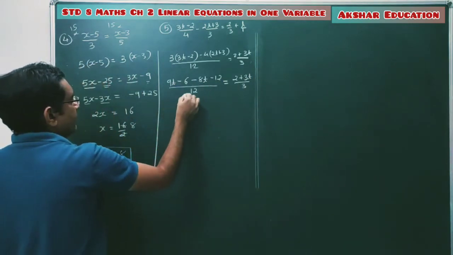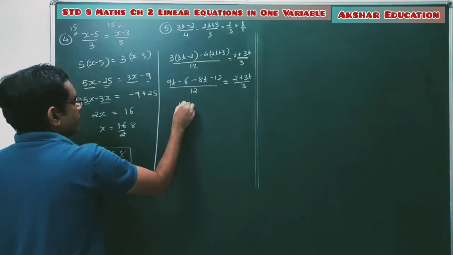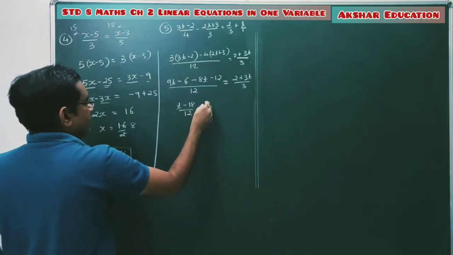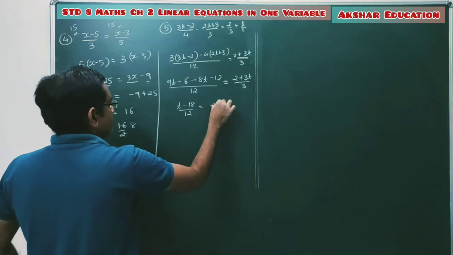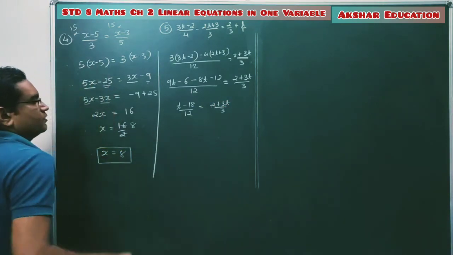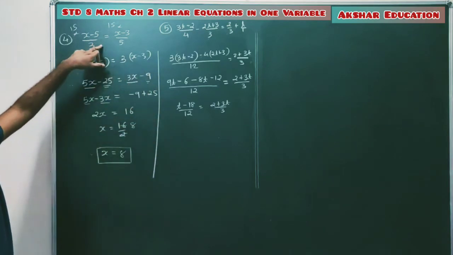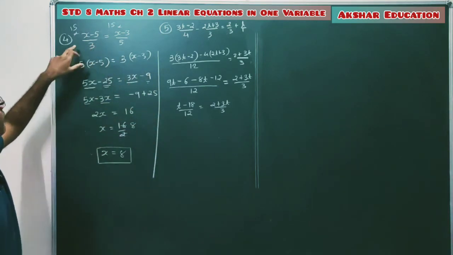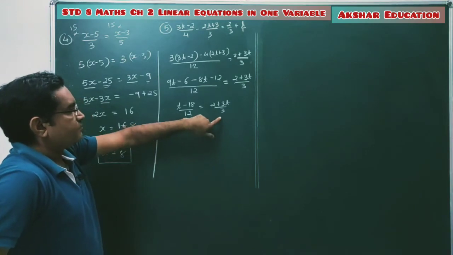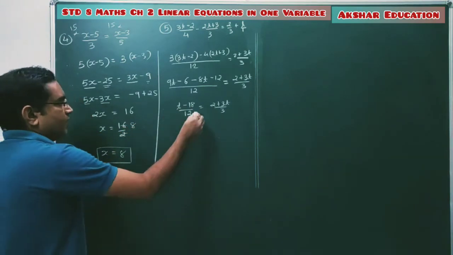Now here 9t minus 8t, so it's t minus 18 divided by 12 equal to (2 plus 3t) divided by 3. Now this is the same form which is given in sum number 4. Two terms are there, with an equal to sign between.